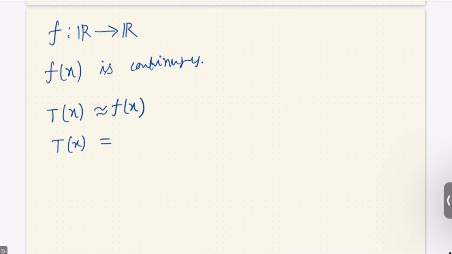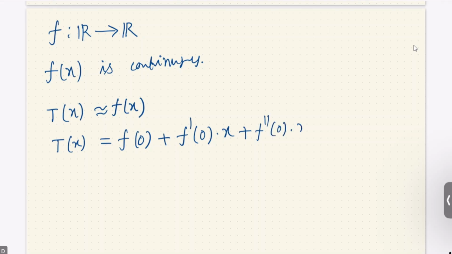Then f of 0 plus f dash of 0 into x plus f double dash of 0 into x square by 2 factorial, and so on. Okay, that's cool.